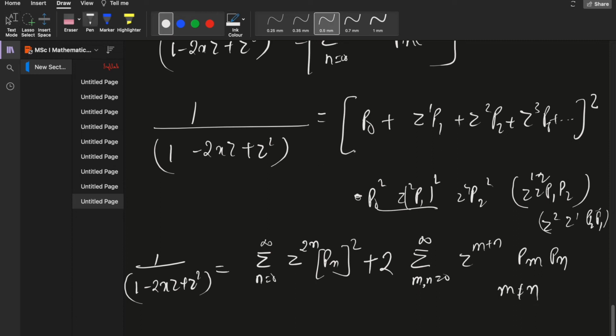So on expanding this series and squaring it, we get two types of terms: the square form, and the z to the power m plus n terms.